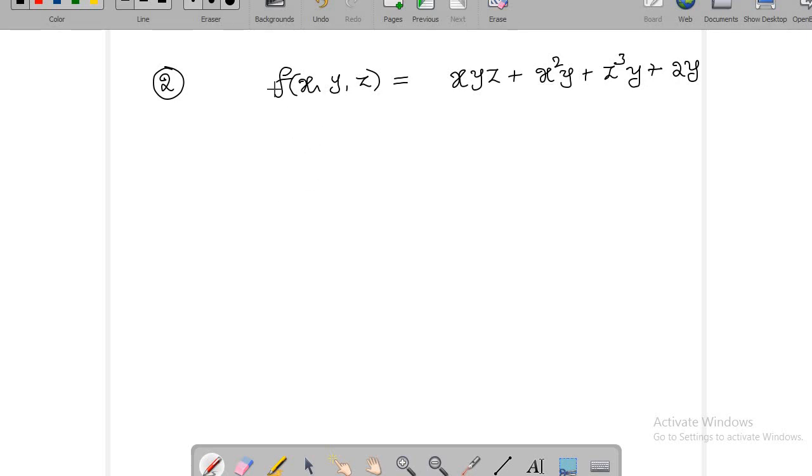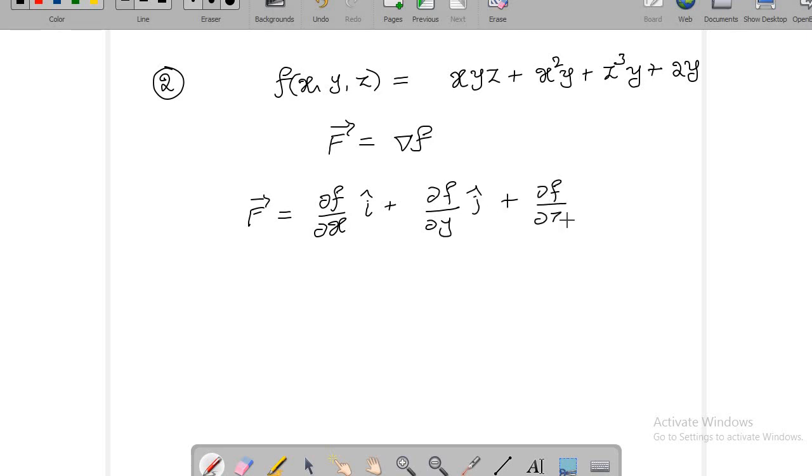From this, I'd like to write a conservative vector field. So to write a conservative vector field, what do we do? F bar equal to gradient of f. So now it is enough to write the gradient of this function. So first I have to write the derivative of f with respect to x into i, plus the derivative of f with respect to y into j, plus the derivative of f with respect to z into k.